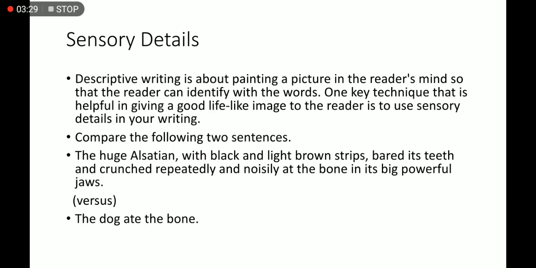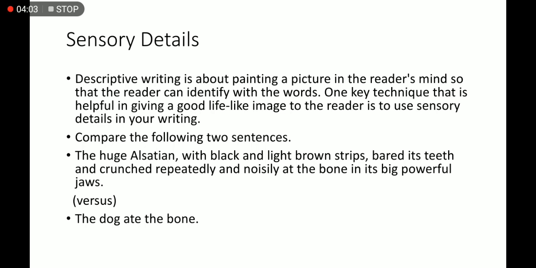Now, just to bring my point home, I would like you to have a look at 2 different sentences and try to compare them. One of these sentences is just without any sensory details. It does not try to appeal to sensory details, but the other sentence tries to evoke these sensory images in the reader by appealing to the senses of sight and to the sense of hearing especially.